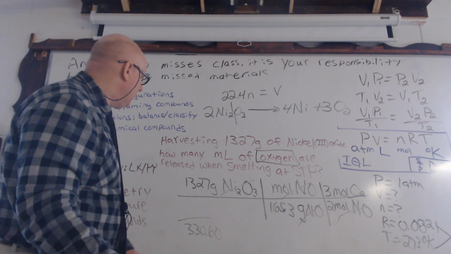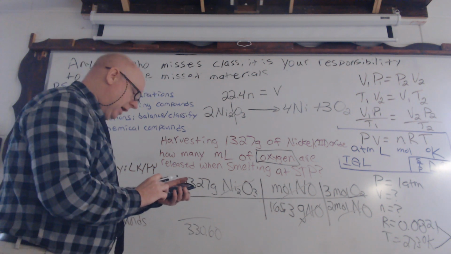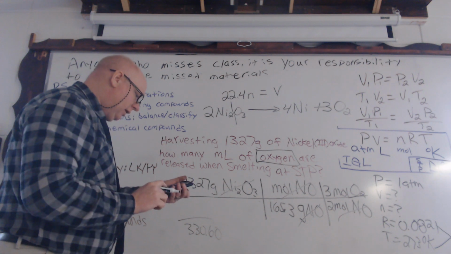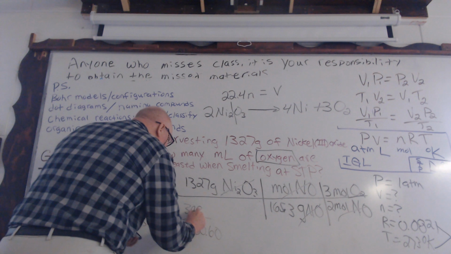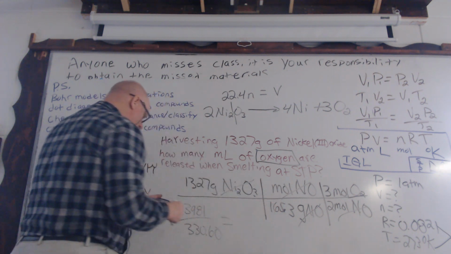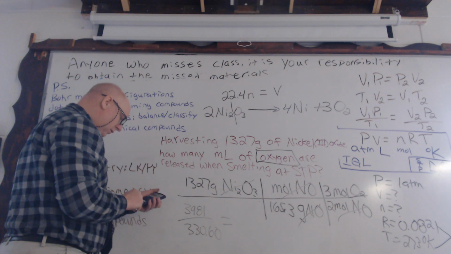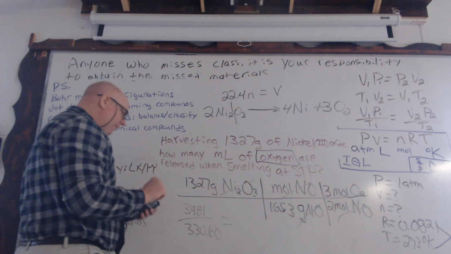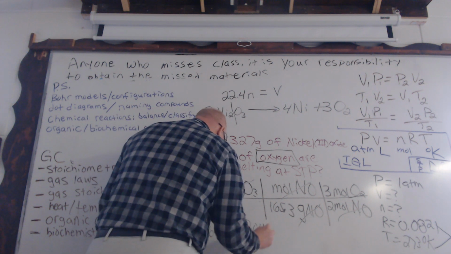And then we're going to take 1327 times 3 and get 3981. So once we divide all of that out, 12.04, which gives us 12.04, okay?